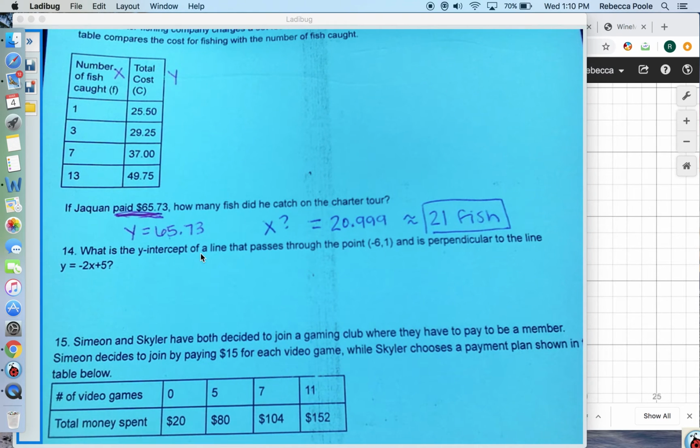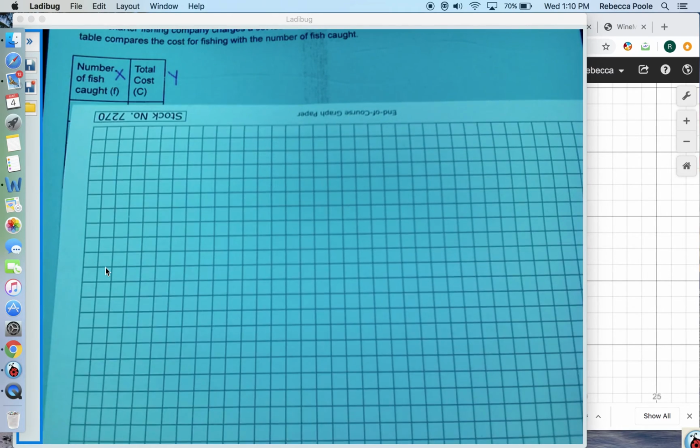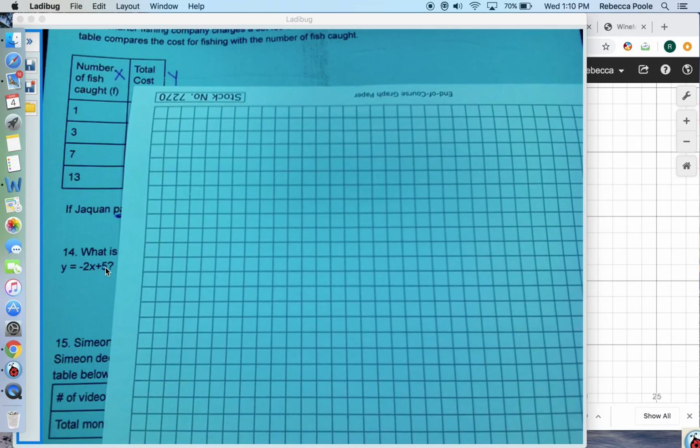So what is the y-intercept of the line that passes through the point -6, 1 and is perpendicular to the line y equals -2x plus 5? So if I'm doing this one by hand, get some graph paper. I actually have graph paper for this one, which is nice.